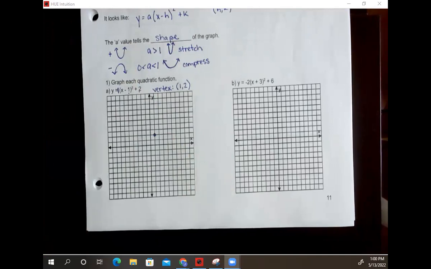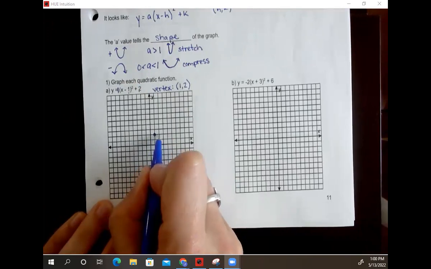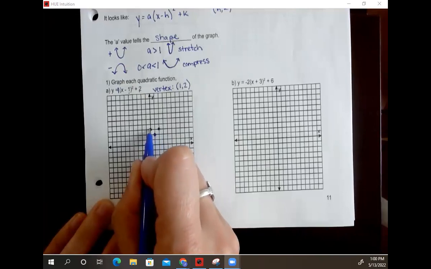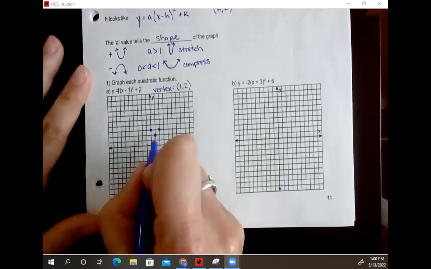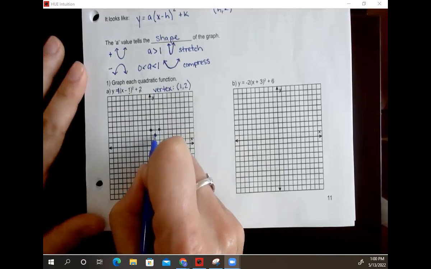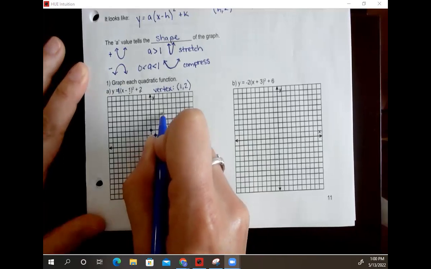So we're going to open up, and from my vertex, my first set of nice points to graph would be out 1 and up 1 on either side. And then my next set of nice points, because I always have to plot 5, counting from the vertex, would be out 2 and up 1, 2, 3, 4.